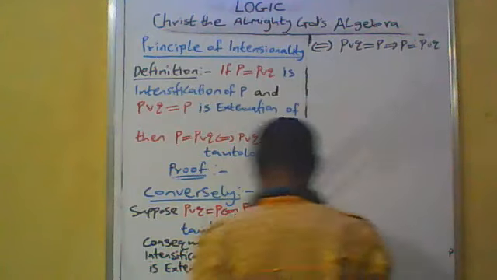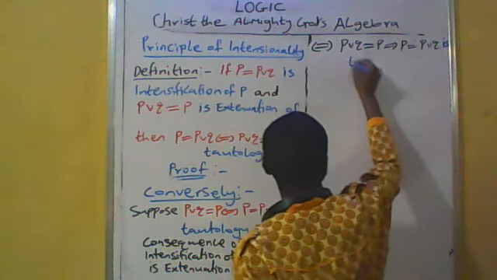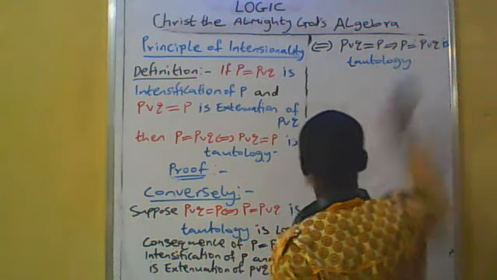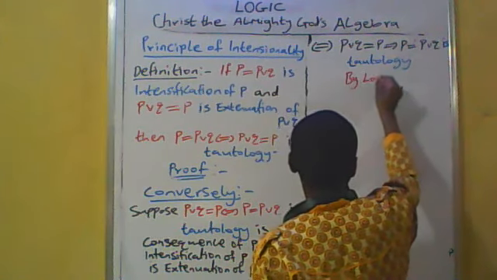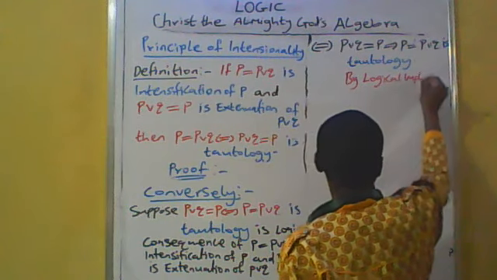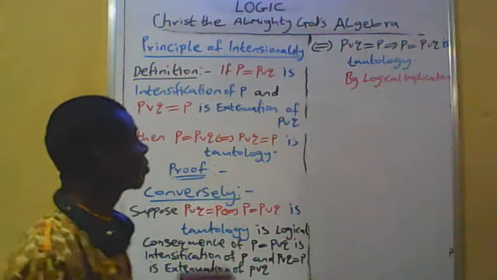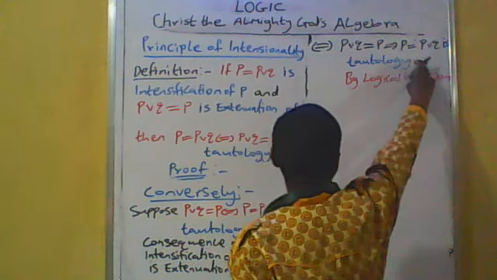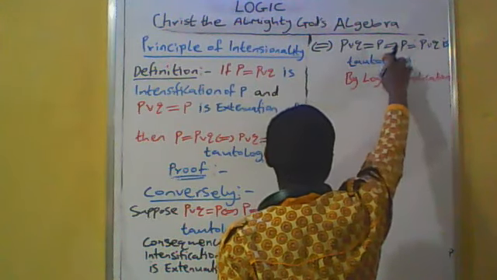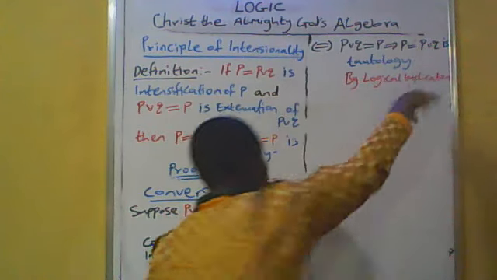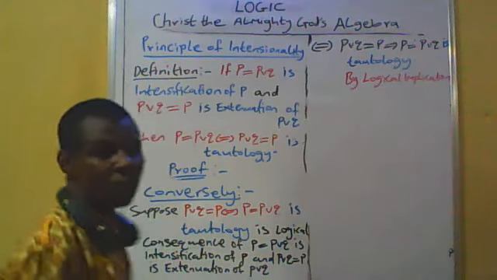You say that is tautology, being justified by logical implication. And since this conditional statement is tautology, we then deduce that antecedent exists because it's tautology, in the sense that the antecedent is proper implication of the consequent. And if that is the case, we say that the antecedent is logical implication of the consequent.